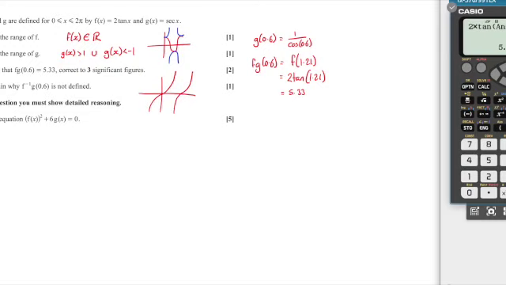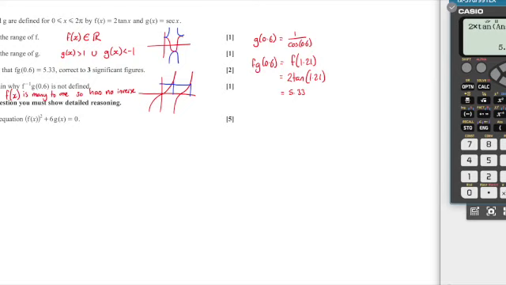If I go to that input and I go to that input, both of those will give me the same output. So f of x is many to one, so has no inverse.